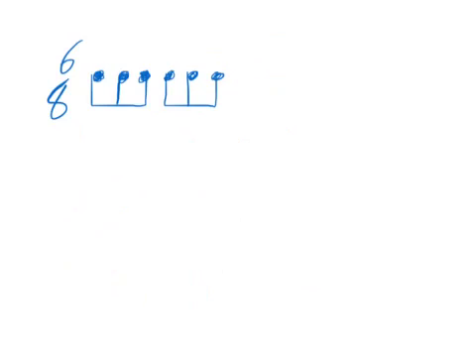Alright, let's do one more. Look at 6/8 time. Of course, we have 6 eighth notes per measure. Each eighth note gets one beat. You'll notice these are grouped in threes. That's very common in 6/8 time to have 3 eighth notes grouped together. It fits the time signature very well. If I wanted this group of eighth notes to become one note, what would that do?